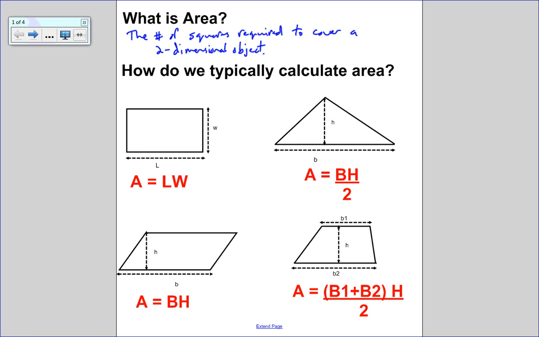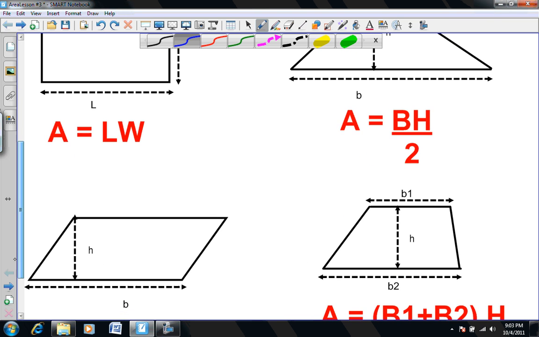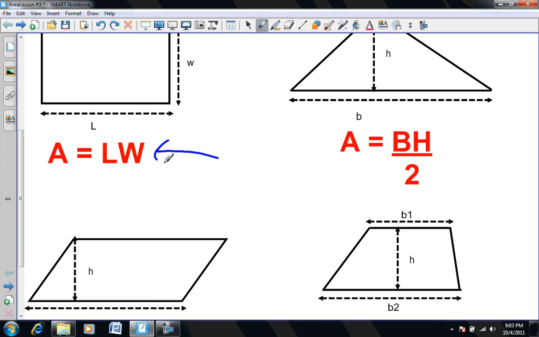And ultimately, what we learned is that every one of these formulas comes back to the formula for the area of a rectangle. We can turn a parallelogram into a rectangle by chopping off one triangle and moving it to the other side. We can turn a triangle into a parallelogram, and we can turn a trapezoid into a parallelogram. So all these formulas are related.